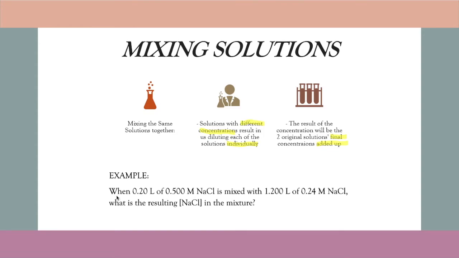So the question is, when 0.20 liters of 0.500 molarity sodium chloride is mixed with 1.200 liters of 0.24 molarity sodium chloride, what is the resulting molarity of sodium chloride in the mixture? To make it easy, I'm going to write the first solution as S1.